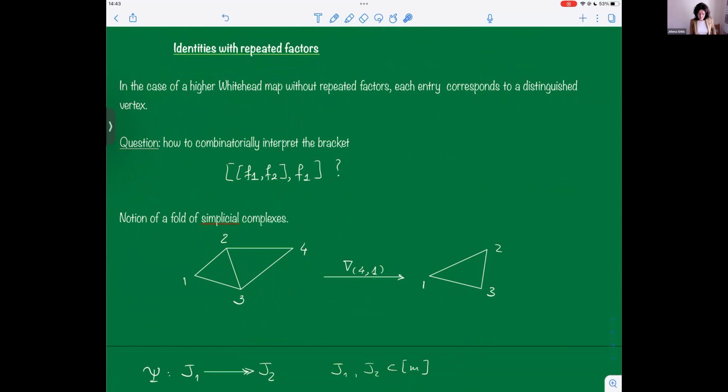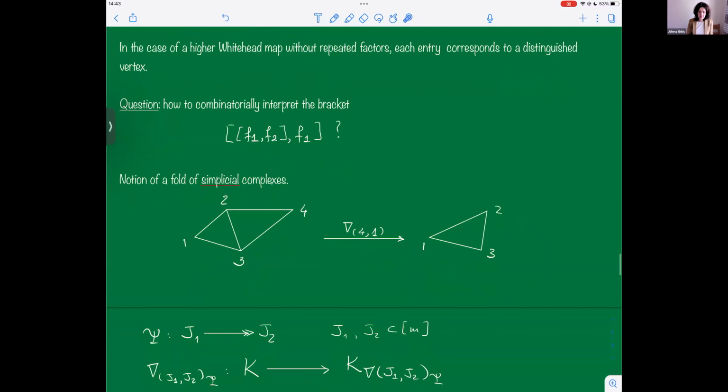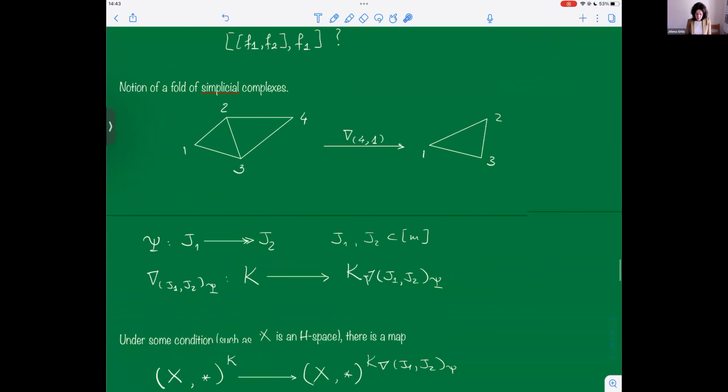So if we start with this simplicial complex that carries, for example, a relation, then we can fold this complex by identifying vertices 1 and 4 and obtain this complex 1, 2, 3, for example. And as a result, we will get relations in which high Whitehead products will have repeated entries.